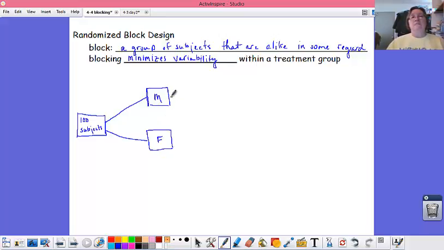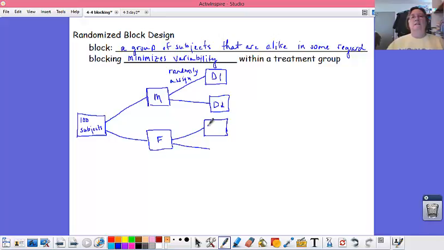Once those assignments have been made, then within each subset, we're going to test our 2 dosages, randomly assigning men to one group dosage or the other, and the same thing with our female subjects. Dosage 1, dosage 2.